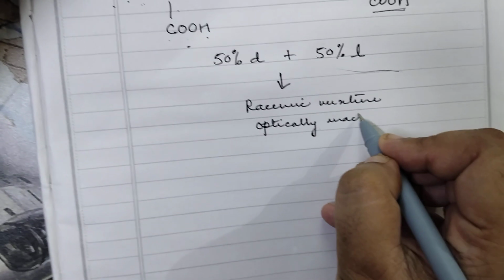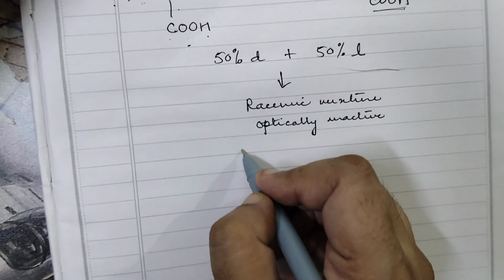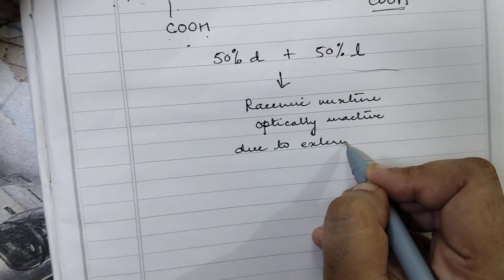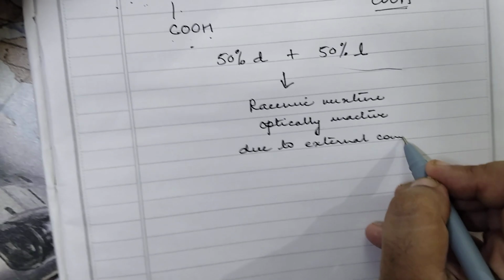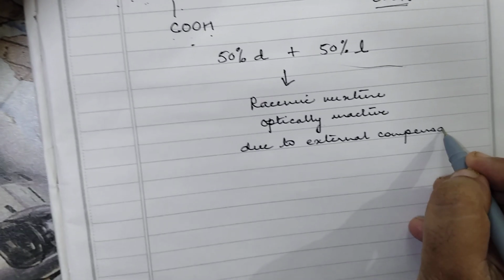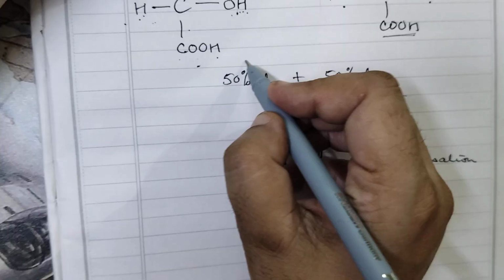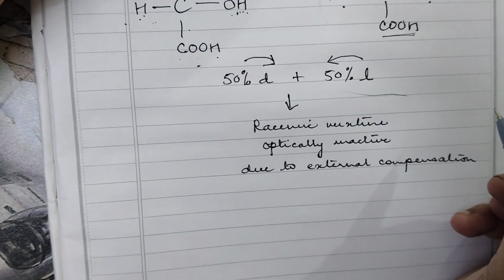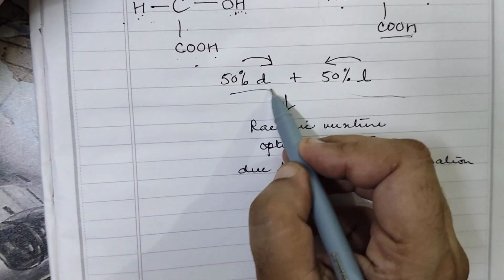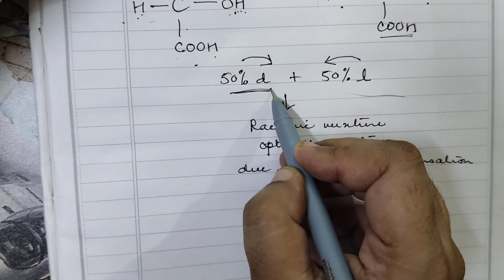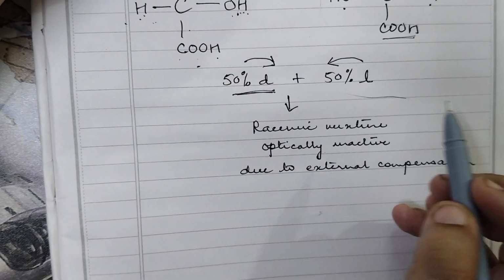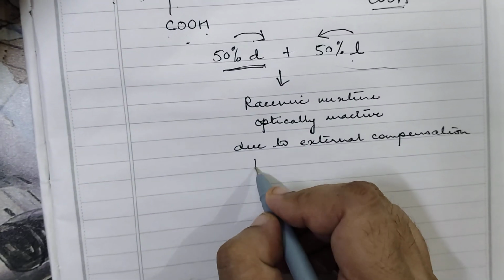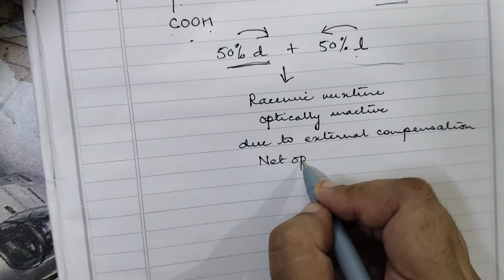So a racemic mixture is optically inactive, and the reason for the optical inactivity is external compensation. External compensation means the rotation caused by 50% D is compensated by 50% L. The amount by which it will rotate the plane towards right hand side, by the same amount it will rotate it back to the left hand side. So the net optical rotation here will be 0.